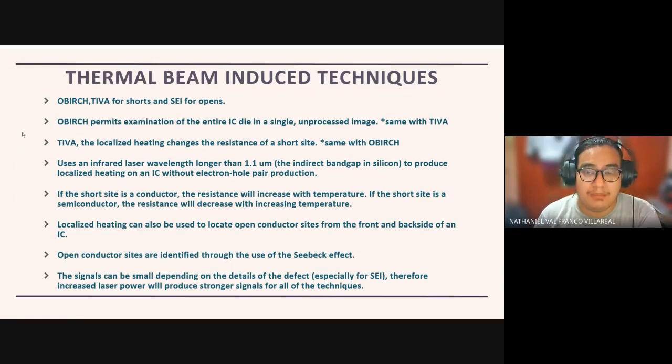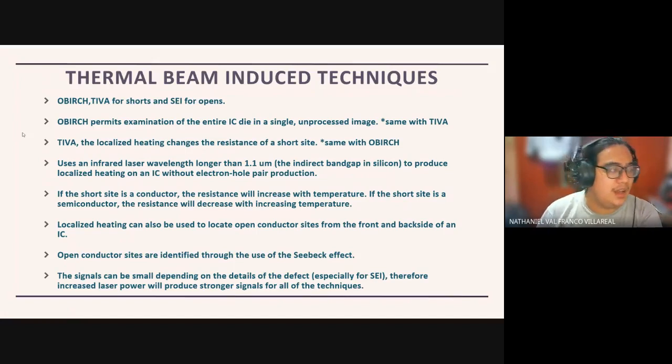These thermal beam induced techniques use an infrared laser wavelength longer than 1.1 micrometers, the length of the indirect band gap in silicon, to produce localized heating on an IC without electron hole pair production.